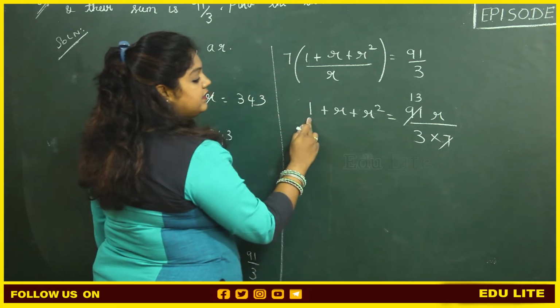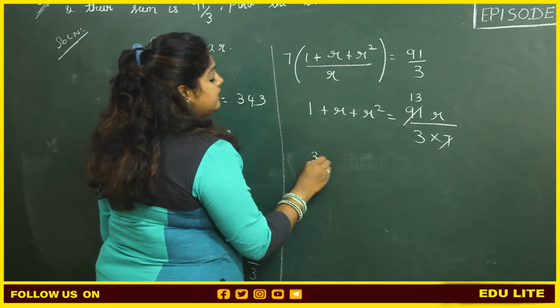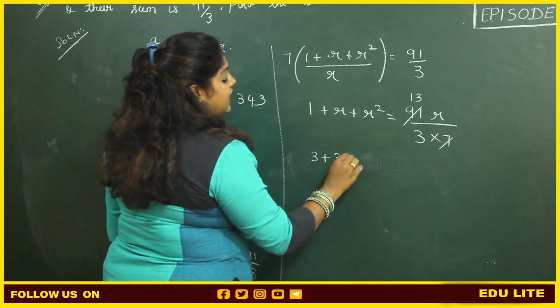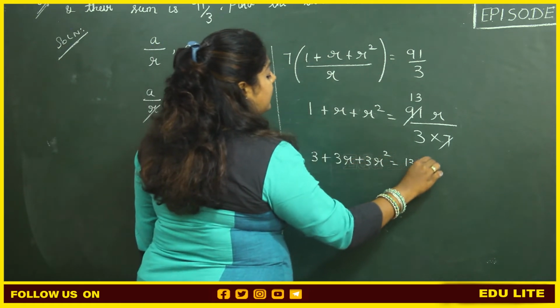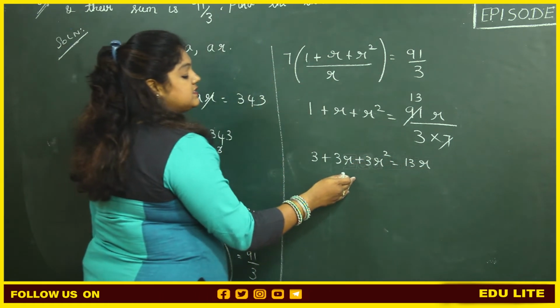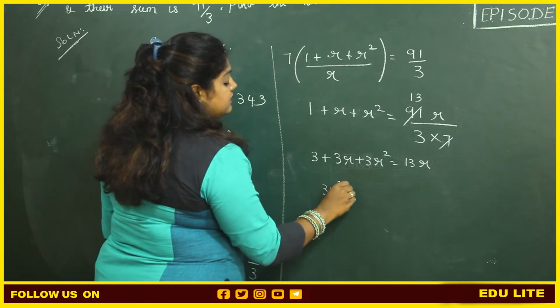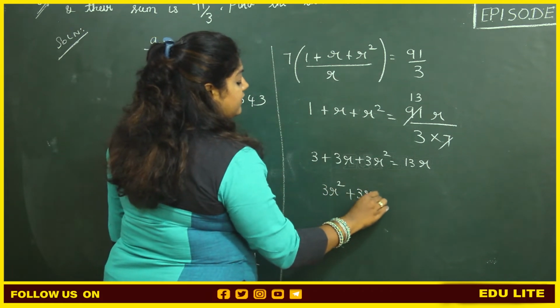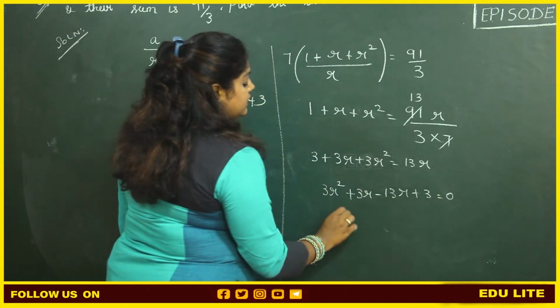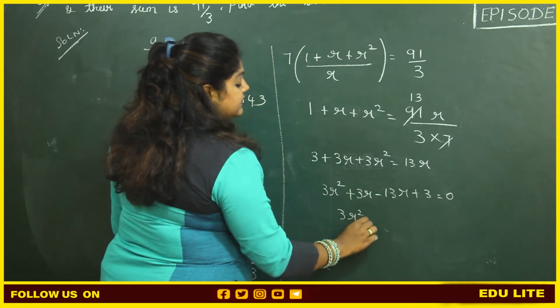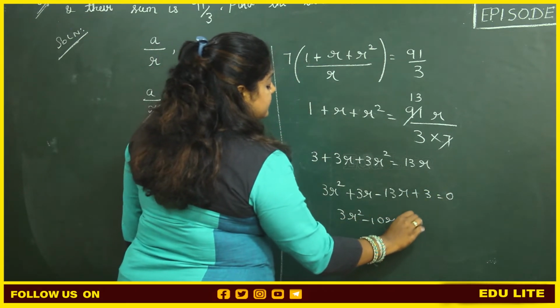So this 3 also we take to the other side, it will become 3 plus 3r square, which is equal to 13r. Let me bring the 13r to the other side and write it in quadratic order: 3r square plus 3r minus 13r plus 3 equals 0, so 3r square minus 10r plus 3 equals 0.